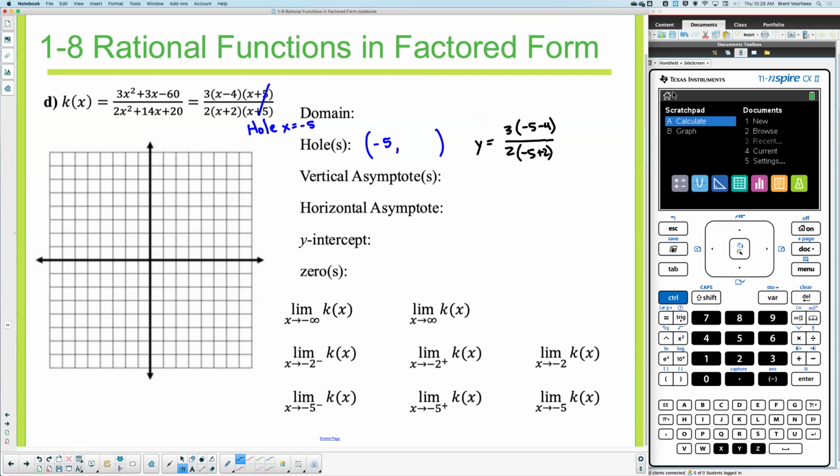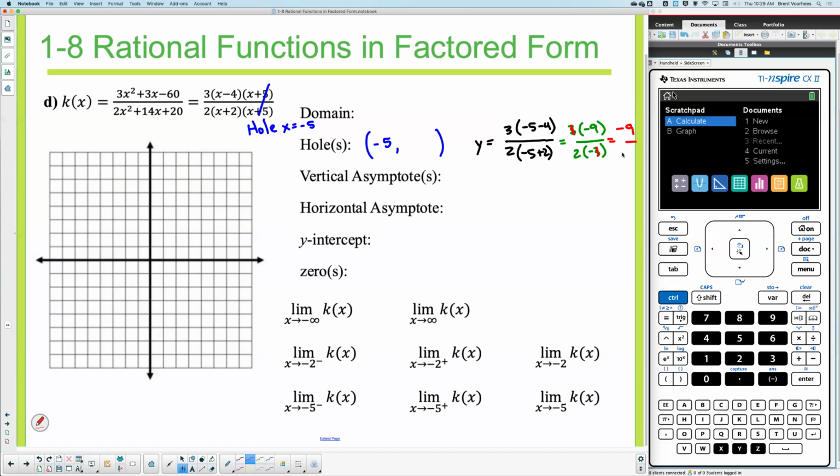Okay, let's simplify. 3 times, what's -5 minus 4? -9, over 2 times -3. Okay, I can cross out the 3's or make them 1's. 3 divided by -3 would be -1. So this becomes -9.